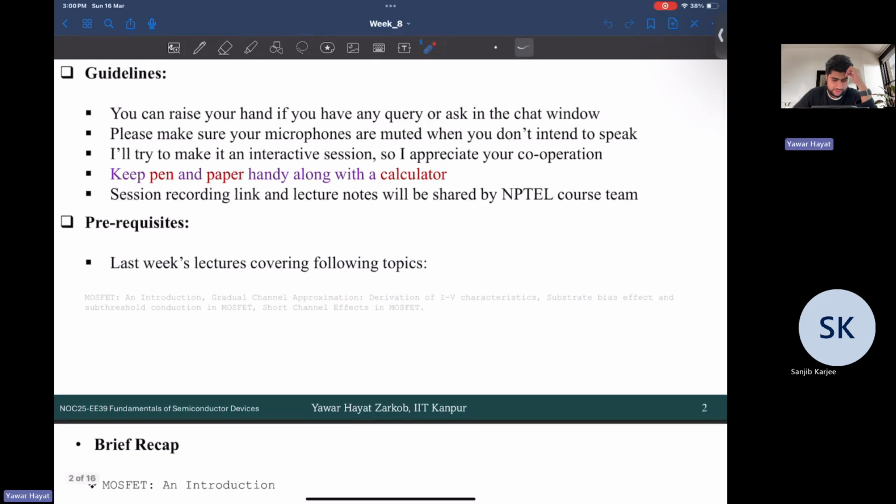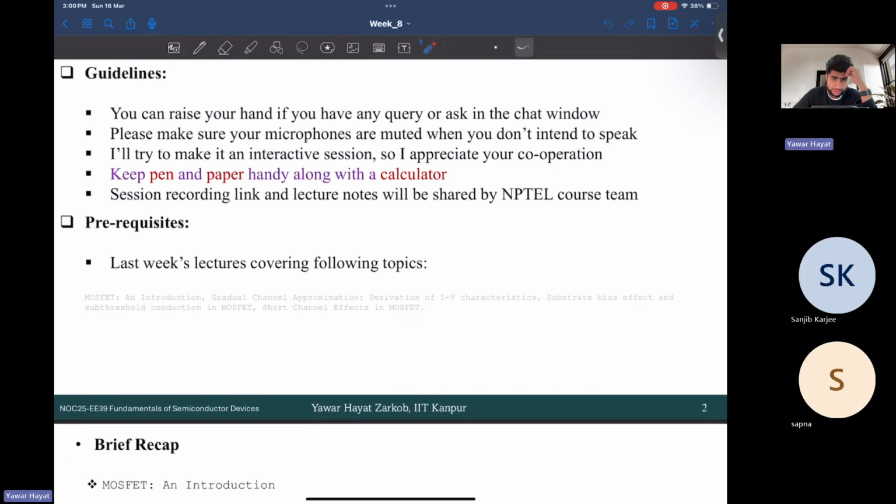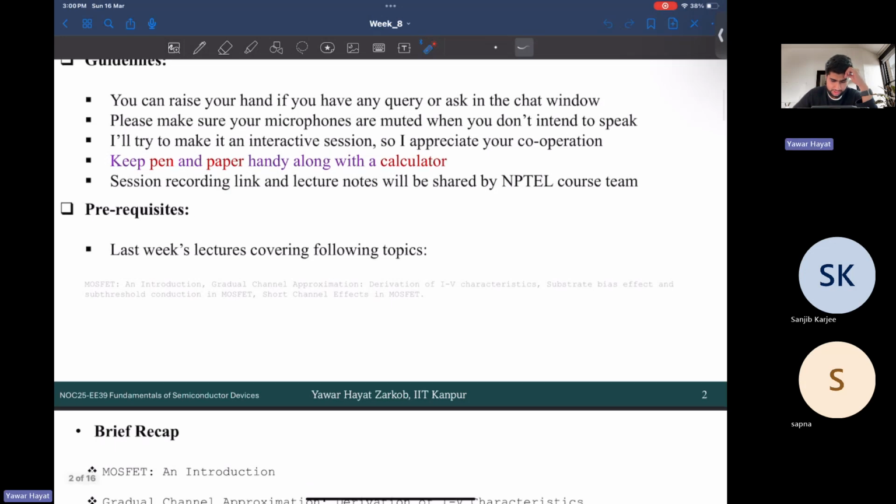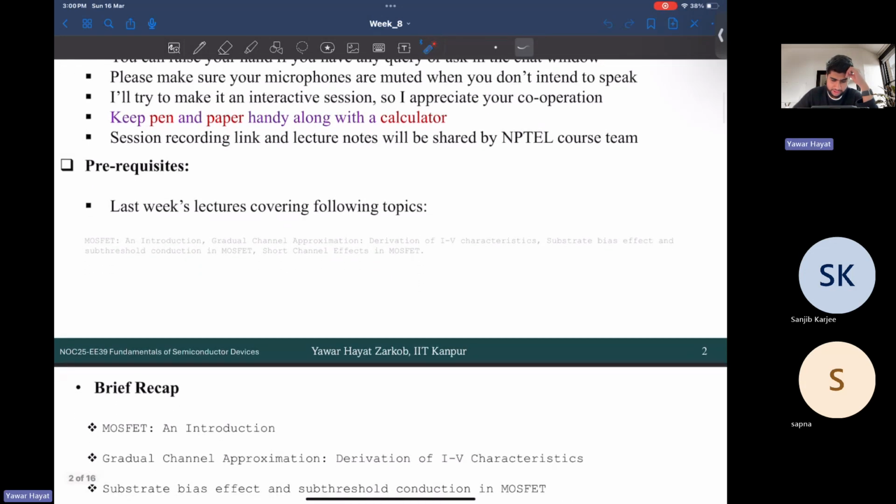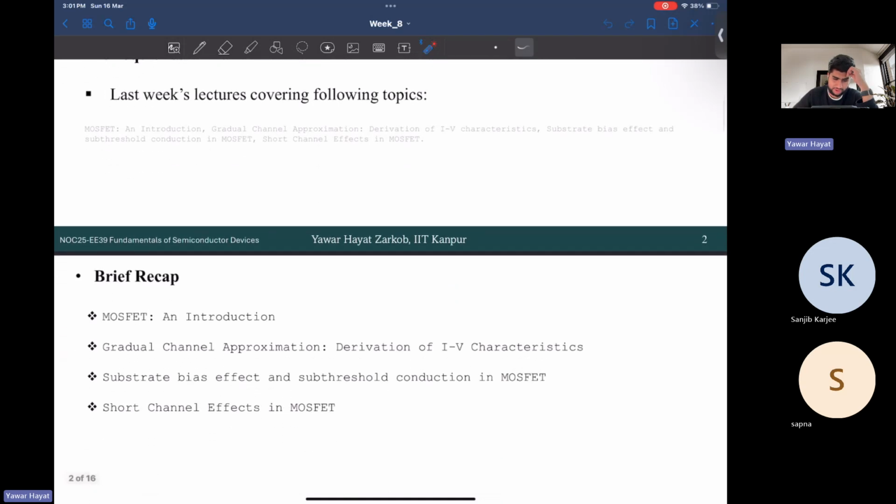Now, prerequisites for this session include the lectures that we taught last week, right? And it covered the following topics. You were introduced to MOSFET, right? And you read about gradual channel approximation, and then IV characteristics were derived. Then you saw substrate bias effect and subthreshold conduction in MOSFET.